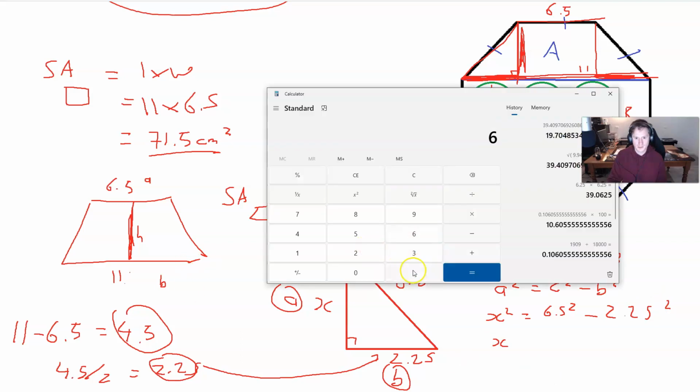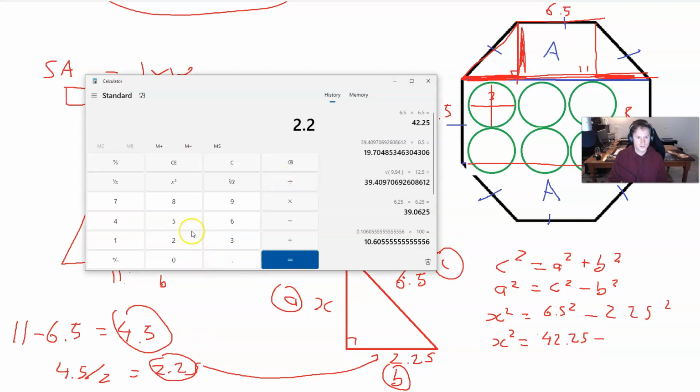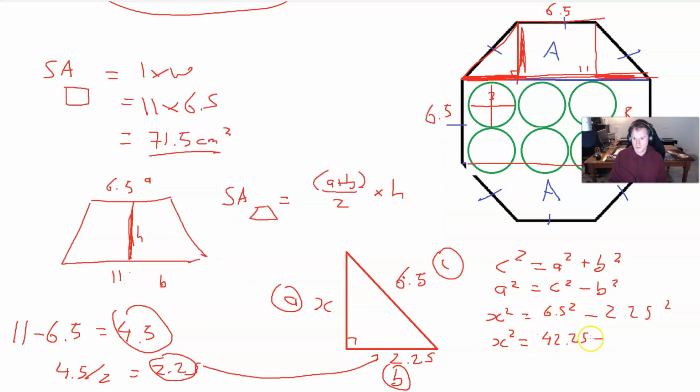So 6.5 times 6.5 is 42.25. Take away 2.25 times 2.25 is 5.06.